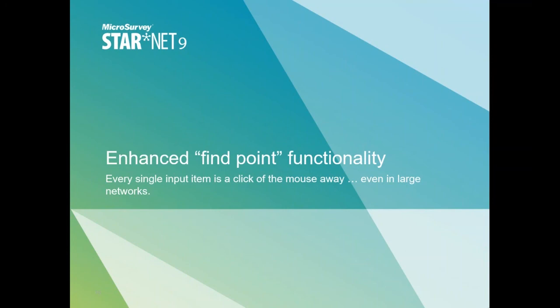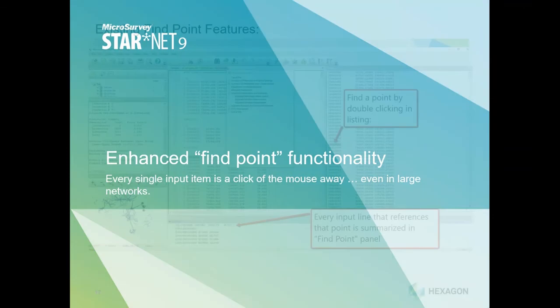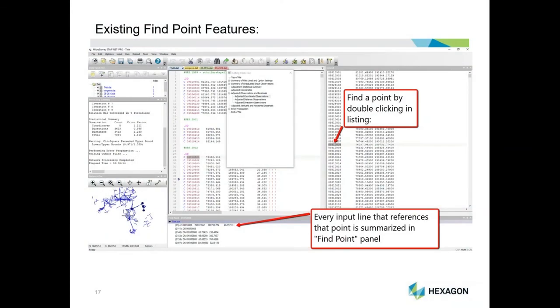So I'll do a little review of the existing Fine Point functions, because I know that some people are pleasantly surprised that those abilities are there. And then I'll talk about how we've taken them the next step and made the Fine Point tool even more useful.